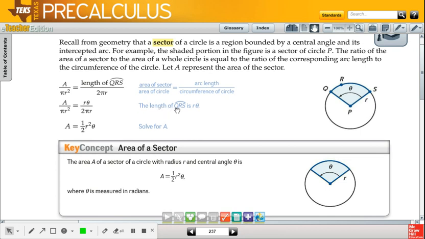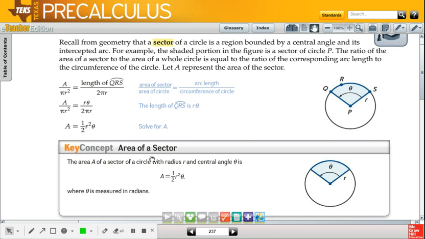The length of QRS is r theta, radius times the central angle. So once that's replaced, the mathematical operation was used to get A by itself, which will be shown later on. Once A is by itself, it is equal to 1/2 r squared theta.